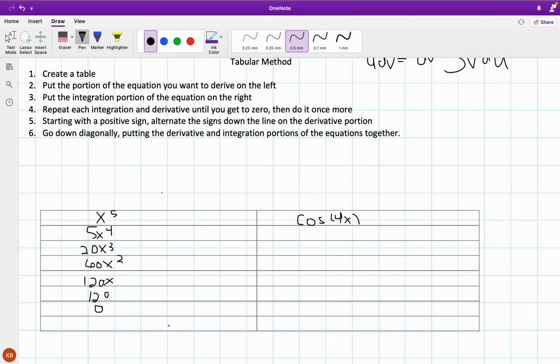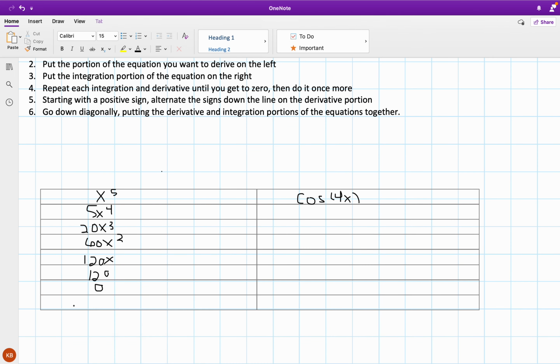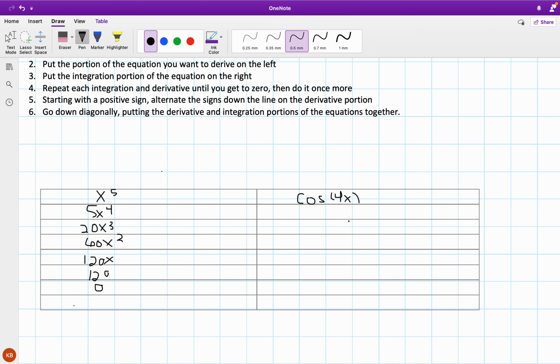Now let's integrate. The integration of cosine of 4x is sine 4x over 4.